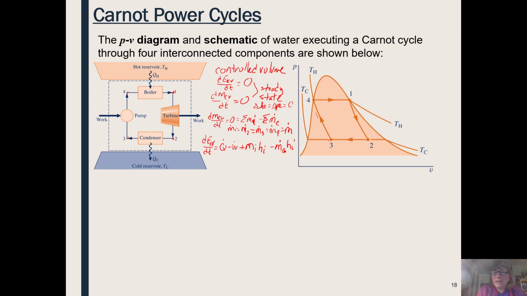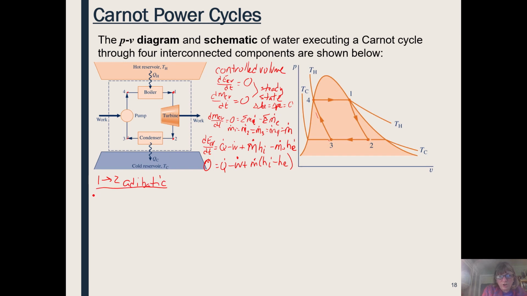Since the exit and the inlet in this case are the same mass flow, this is going to be 0 is equal to Q minus W plus m dot (h_i minus h_e) in general.